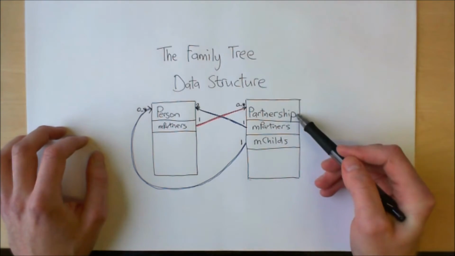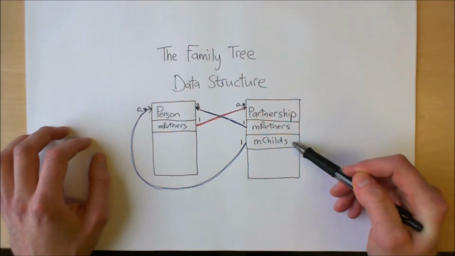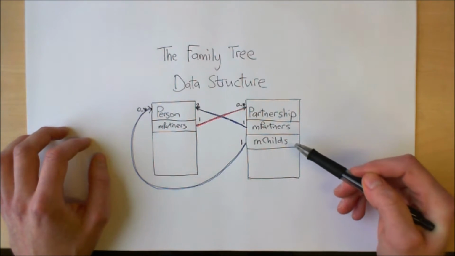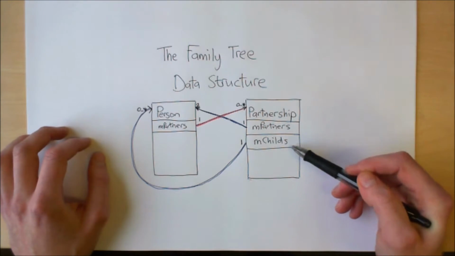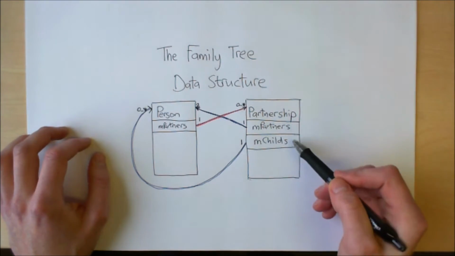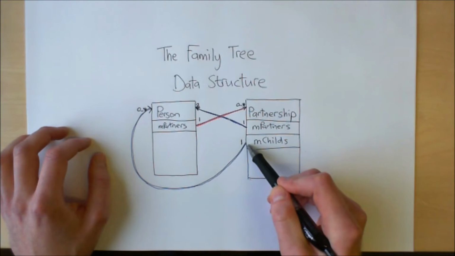So also in the partnership object is another array, and this array is also containing person objects, and that is all of the children of the partnership. So in the case of William and Kate's partnership, there are two person objects listed as children, who are George and Charlotte.